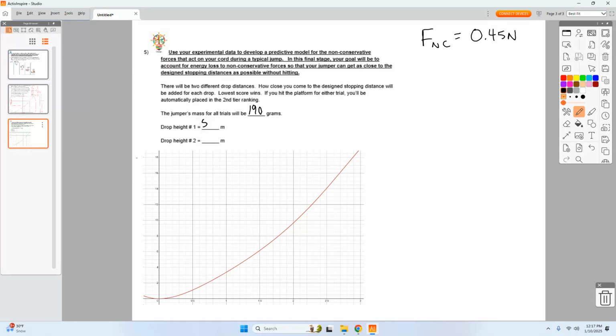Well, let's say one of the drop heights is 5.1 meters, and the other one maybe 4.2 meters. I don't care which one we look at, but let's go ahead and look at how I would go through and solve this problem using this much mass, this much height, and this much non-conservative force. Let me show you how I'd go through and do that.